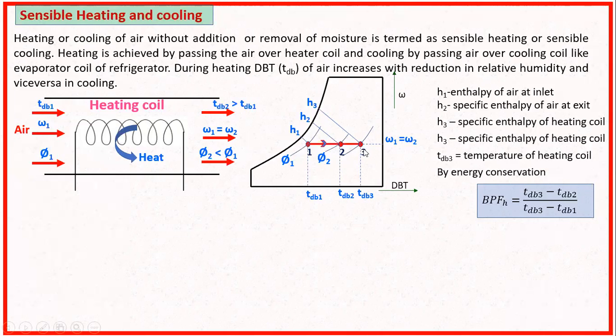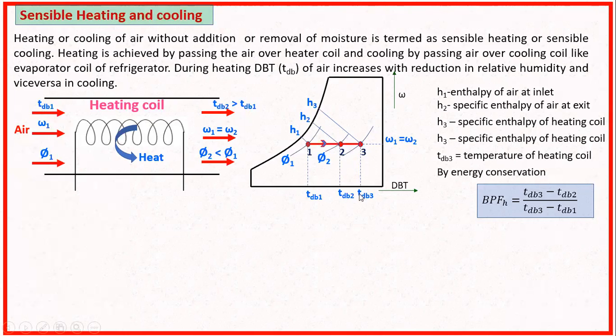Next, point number 3 is nothing but the temperature of the heating coil. The heating coil temperature will always be higher than the air coming out, because the air cannot reach the heating coil temperature when it passes over it. So the air temperature at the exit will always be less than the heating coil temperature.